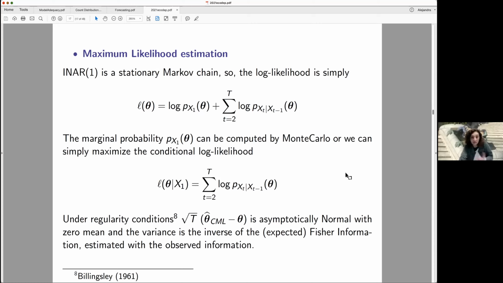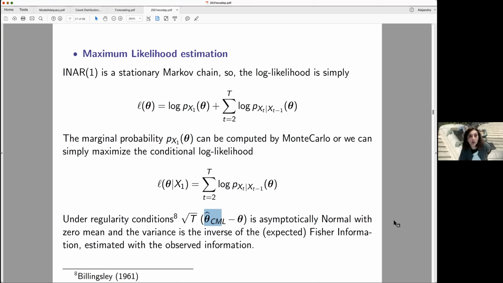Both things can be done. And of course, the conditional maximum likelihood estimators are asymptotically normal. That's an old result from Billingsley. So again, we have asymptotic bounds for the estimations, and we can have confidence intervals for all the estimations.